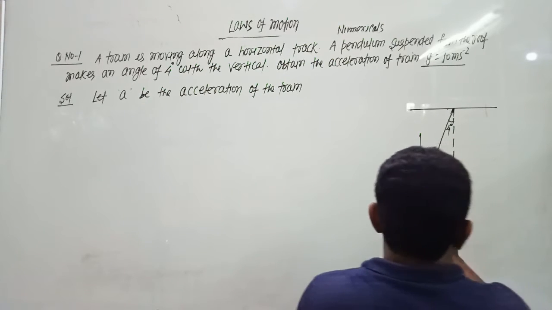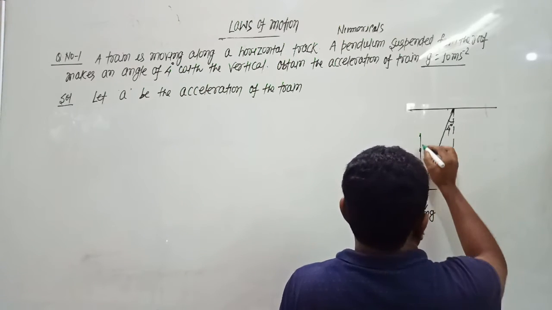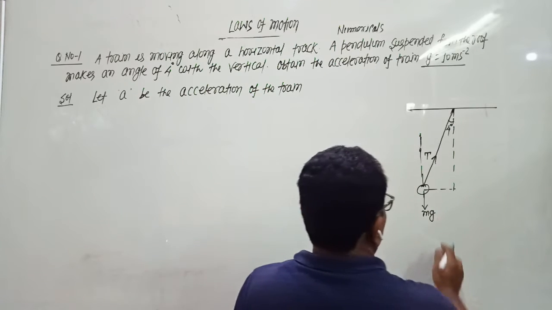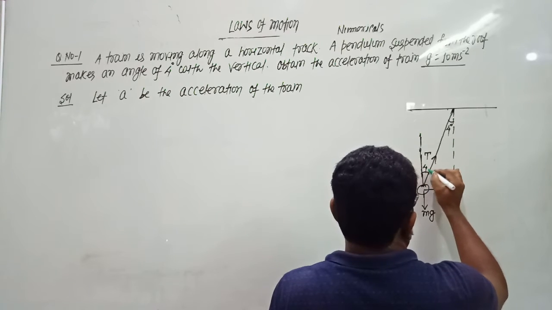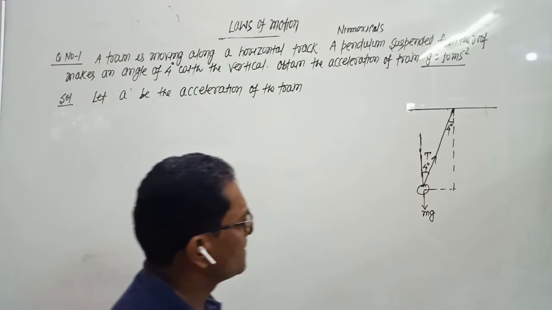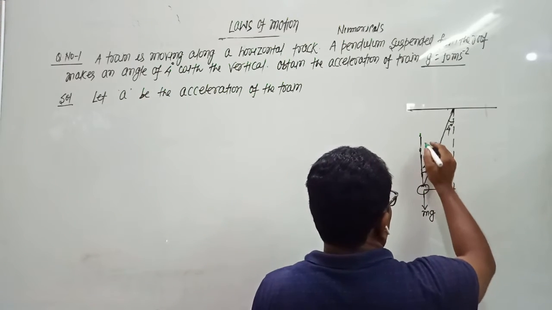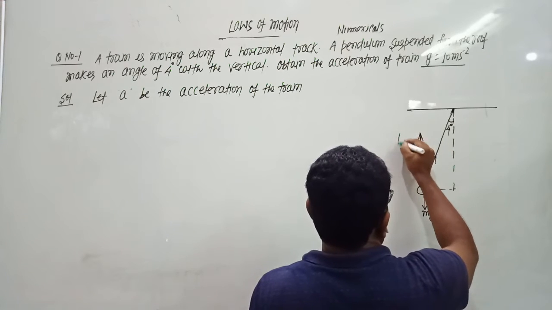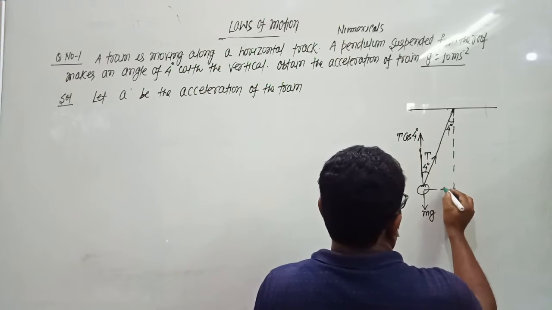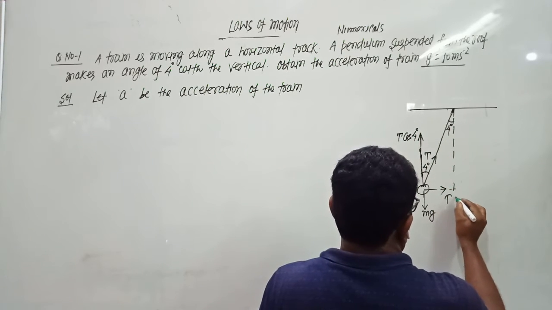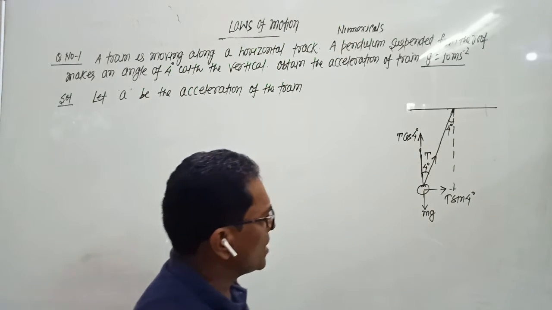If this angle is 4 degrees, then this angle will also be 4 degrees by alternate angles. So there must be two components of T. The vertical component is T cos 4 degrees and the horizontal component is T sin 4 degrees.